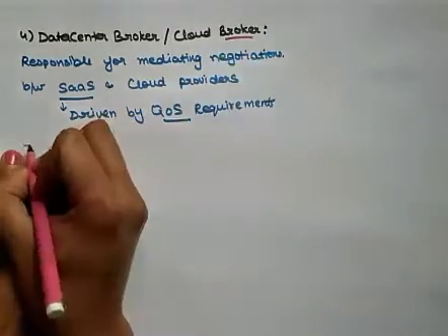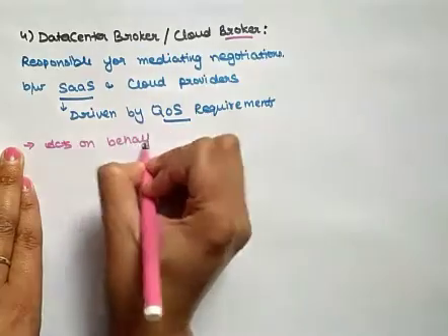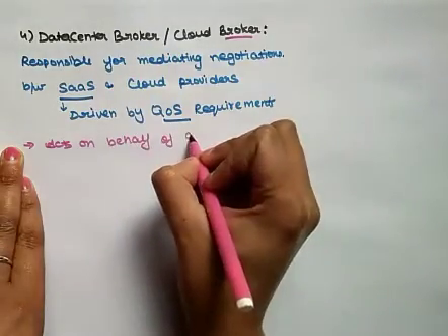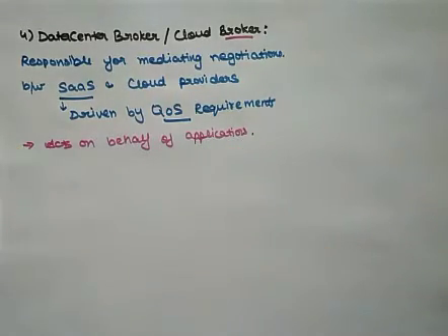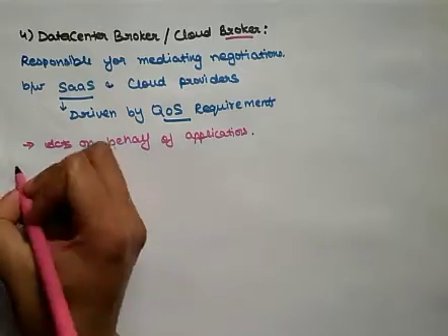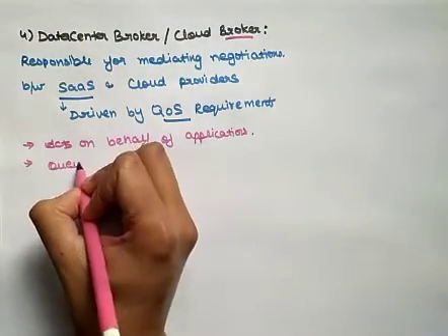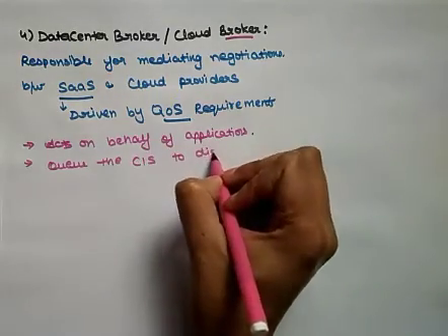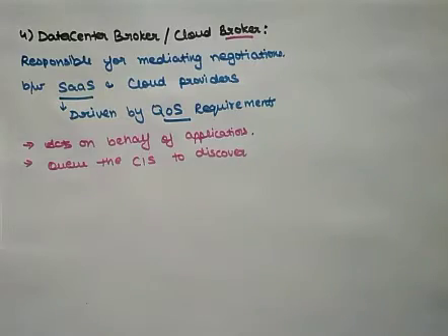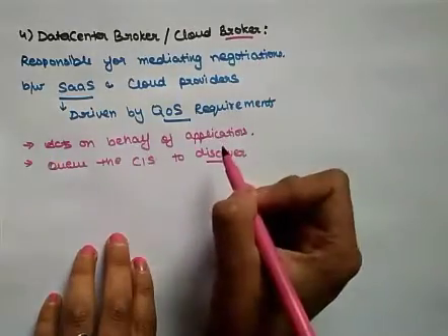The broker class acts on behalf of applications, okay. And its prime role is to query the CIS to discover suitable resources and undertake negotiations for the allocation of all these resources, okay.